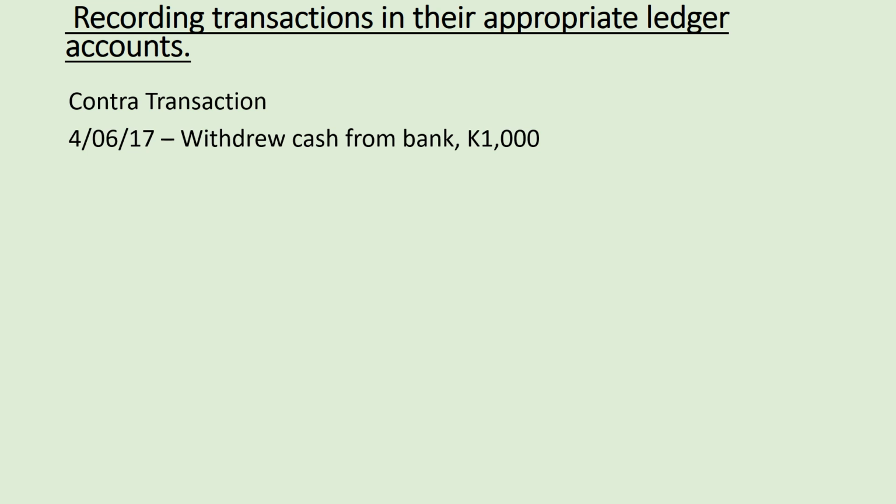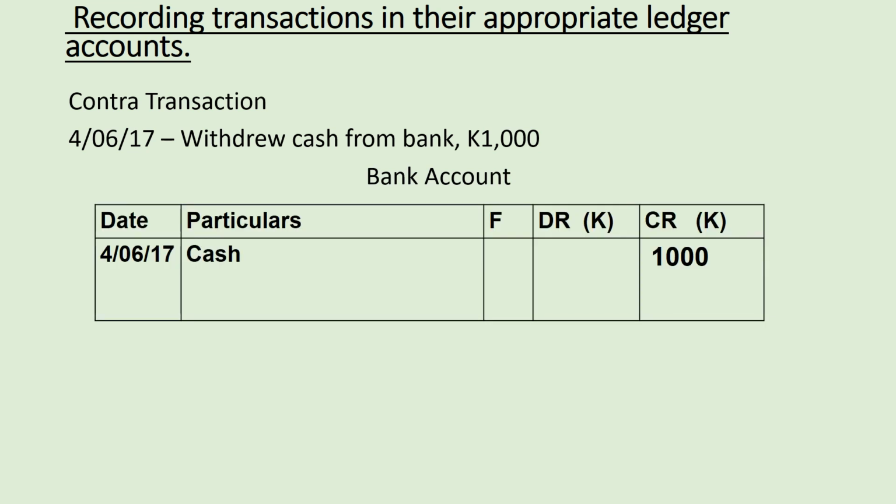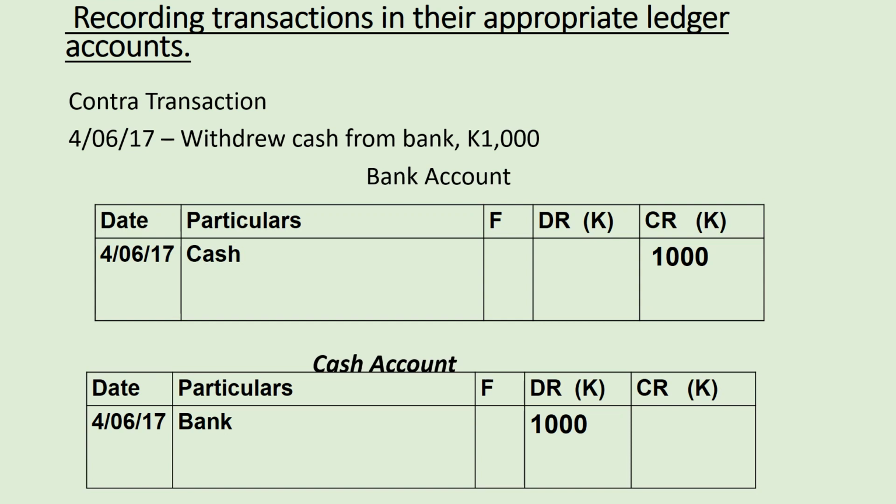There is an account which monitors that, called the drawings account. So a drawings account and a bank account are used if the owner takes money from the bank for personal use. But this is not for personal use. So this money moves from the bank account to the cash account. The bank account is giving away 1,000, meaning that's going to be credited. The cash account is receiving 1,000, meaning that's going to be debited. So bank account, particulars cash, 1,000, and the cash account receives 1,000.